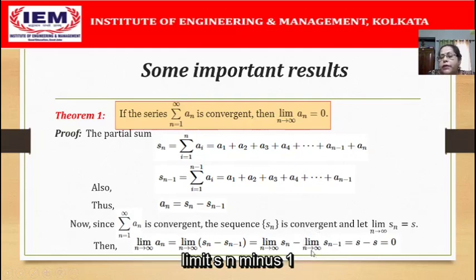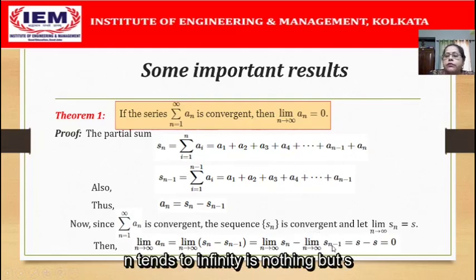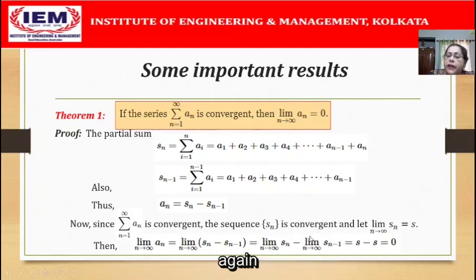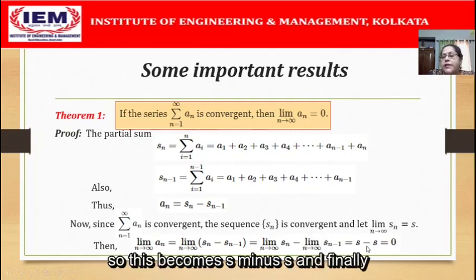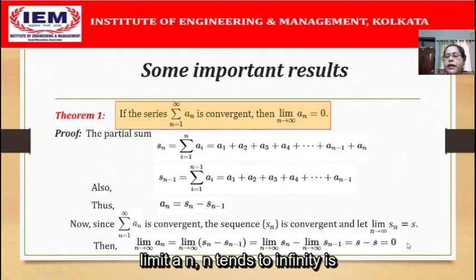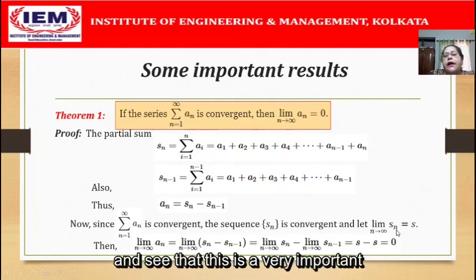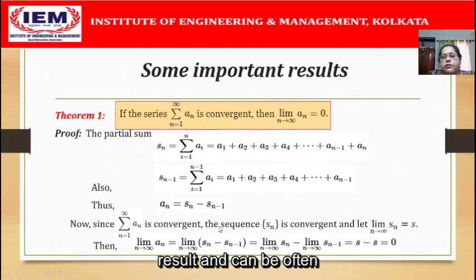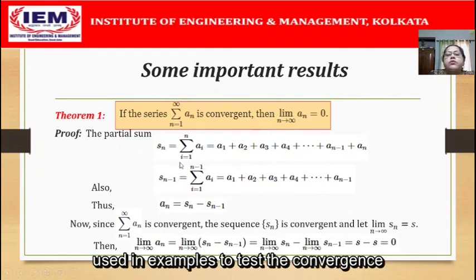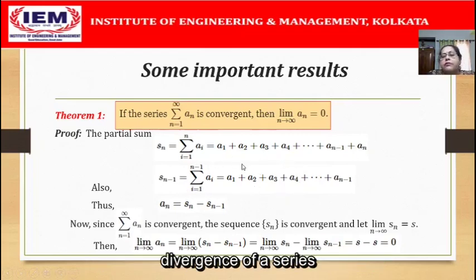So therefore limit Sn minus 1 as n tends to infinity is nothing but S again. So this becomes S minus S, and finally limit an as n tends to infinity is 0. So we have proved the result, and this is a very important result that can often be used in examples to test the convergence or divergence of a series.